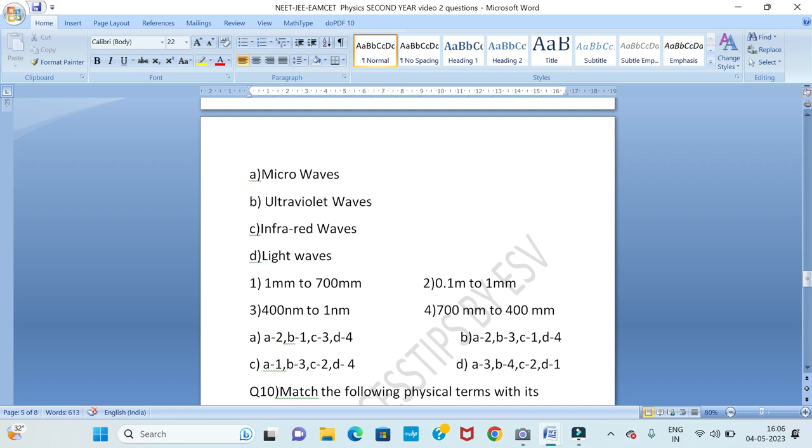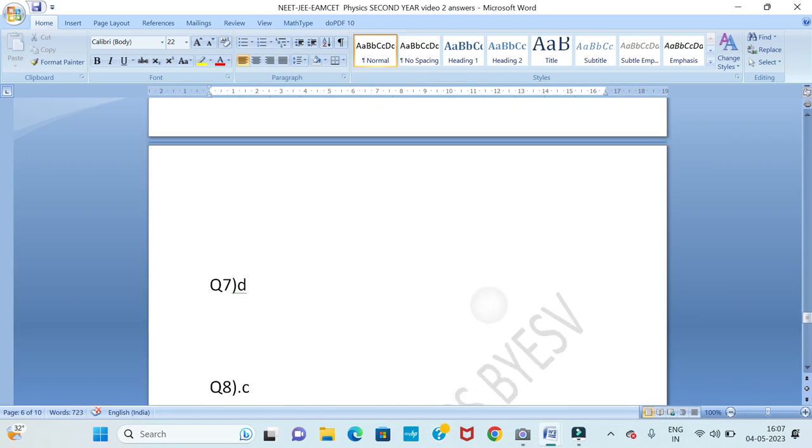What is the answer? So ninth question, B is the answer.